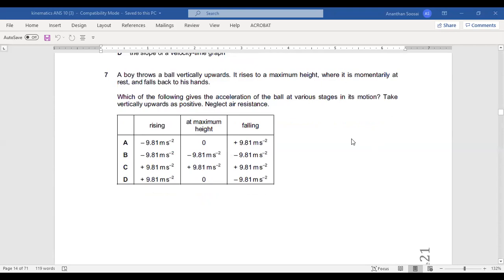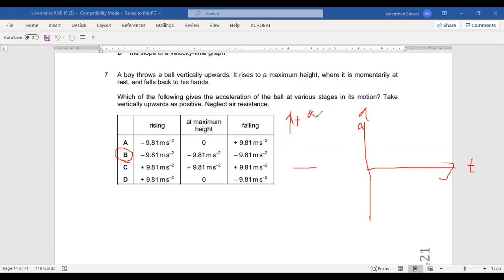I got answers B and C. Majority going for B. Yes, good. The answer is B. The gravity never changed. Earlier we sketched a graph for the AT graph. When you take upwards as positive, gravity is already fixed.